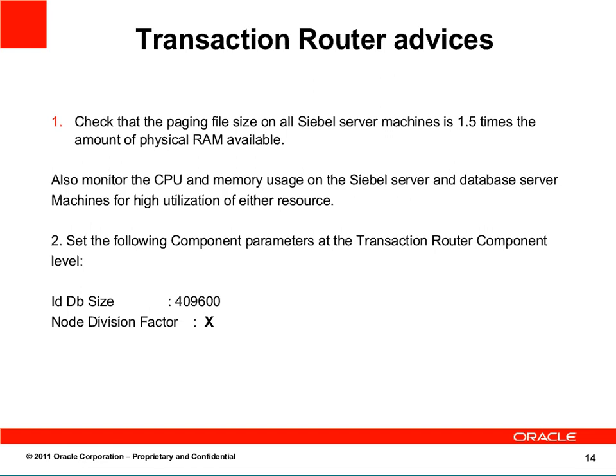Another tip is that the transaction router makes heavy use of the CPU. Monitor the CPU and memory usage on the Siebel server and database server machines for high utilization of either resource.